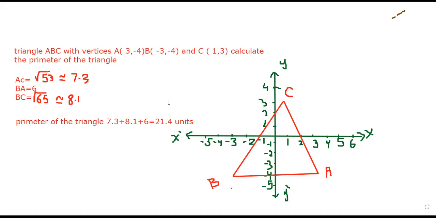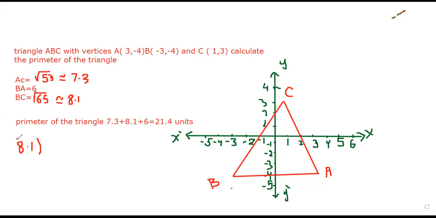Do you remember how we can classify the triangle? How will we classify the triangle? Scalene. Yes, if we want to classify according to the length of its sides. So we have different lengths 7.3, 6 and 8.1, so this is a scalene triangle according to the length of its sides. What if I want to classify the triangle according to the measure of its angles?